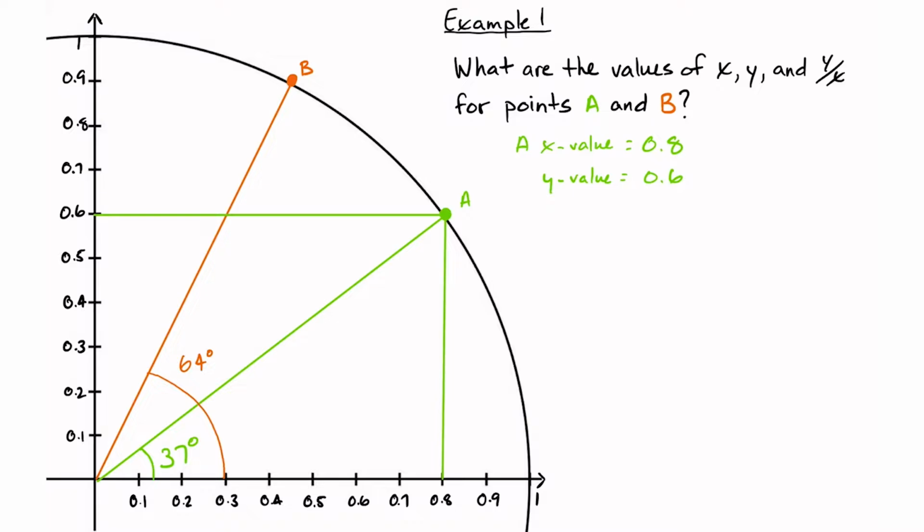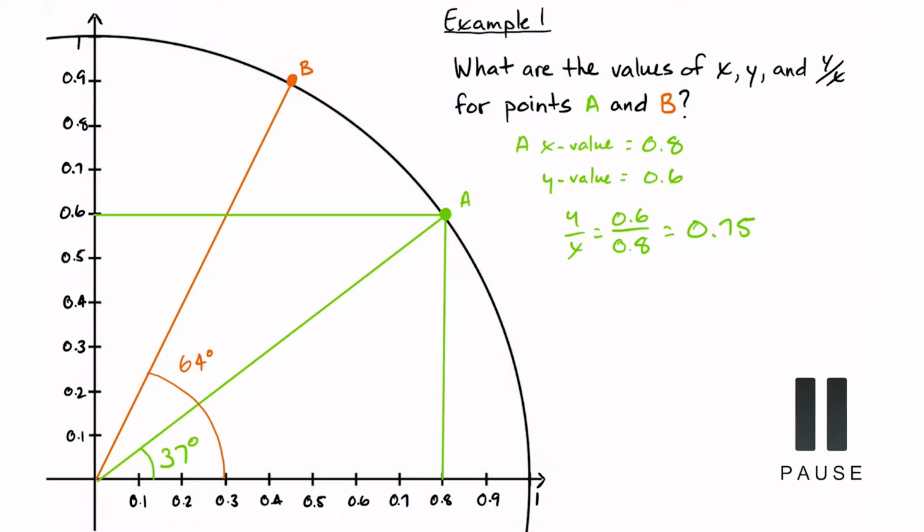So now we want to find the ratio of y over x. Well, we know my y is 0.6, and we know my x is 0.8. We can put that into a calculator, or you can solve it by hand if you'd like, and that'll give you a value of 0.75.